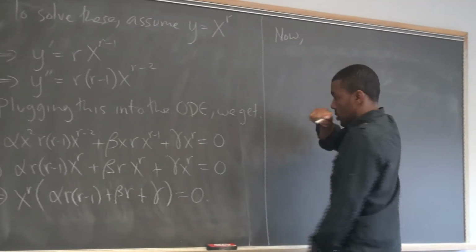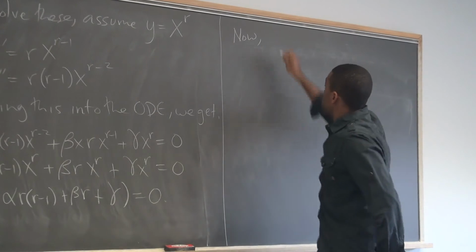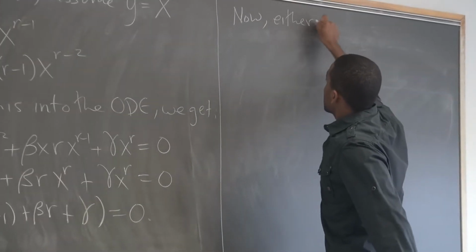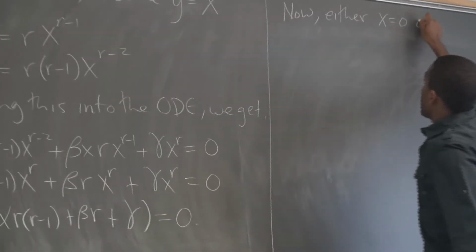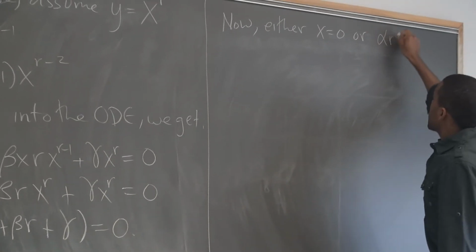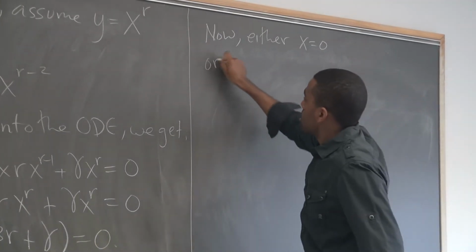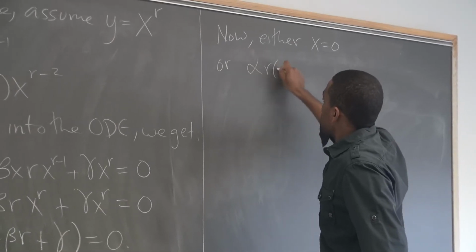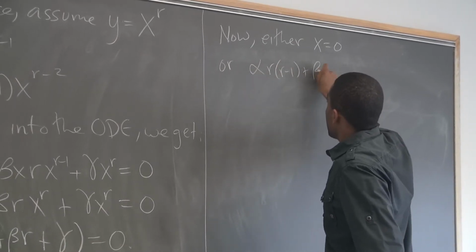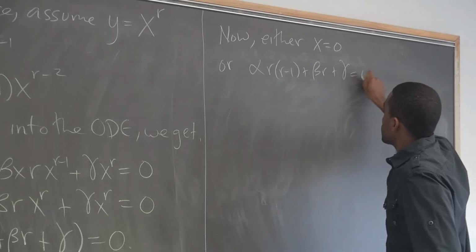Notice something: what this means is either x to the r equals 0 or alpha r times r minus 1 plus beta r plus gamma equals 0.